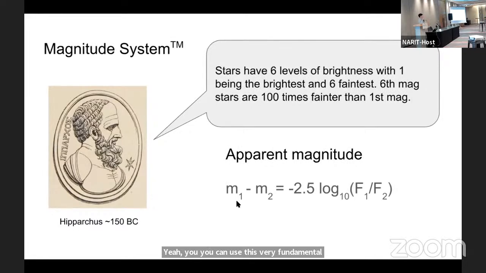If M1 is say Vega and M2 is AB magnitude, the difference is just the ratio of the zero point fluxes between the two systems. F1 will be the zero point for Vega in that band, and F2 will be 3631 Jansky. For F1, you have to look up what the zero point flux in that filter is, and again, this SVO website has a zero point flux listed for all of the filters.